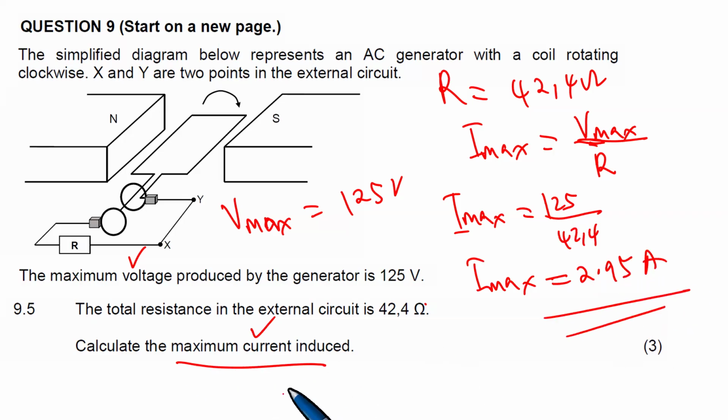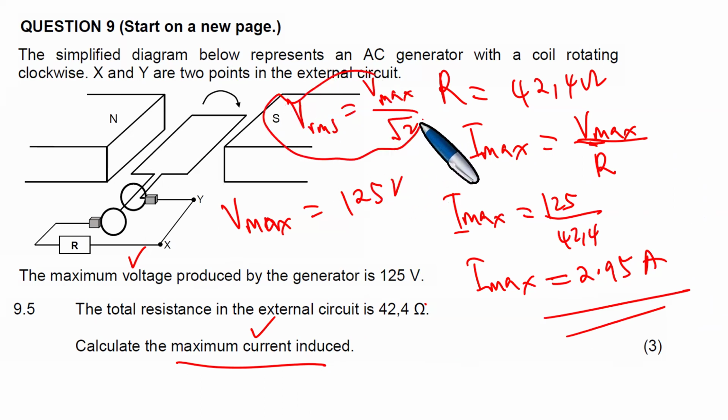So if you need to calculate the maximum current induced, I max, but I max is V max over R. But you're seeing that VRMS is V max divided by the square root of 2. This is the formula you need to learn for VRMS. But the I max is V max over R.